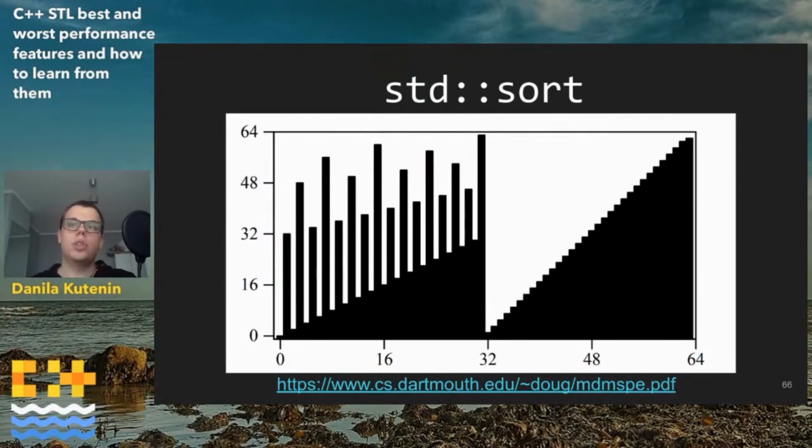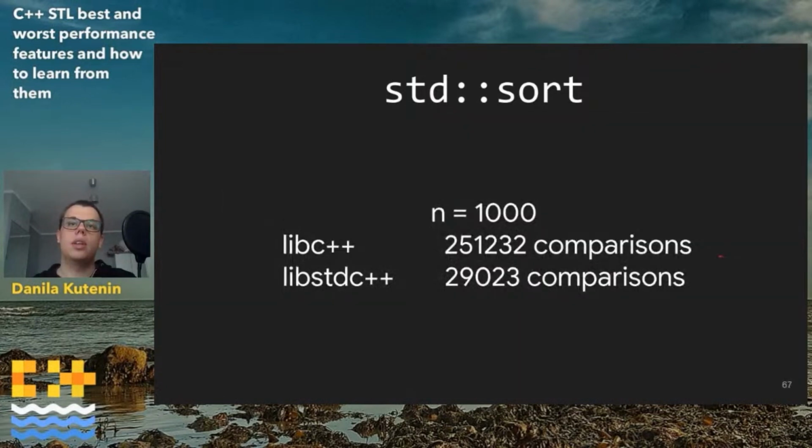So unfortunately, sometimes the standard library has surprises. For n equal to 1000, libc++ uses n squared over 4 comparisons, and libstdc++ only about 30,000 comparisons, which is basically 3 times more than n log n.